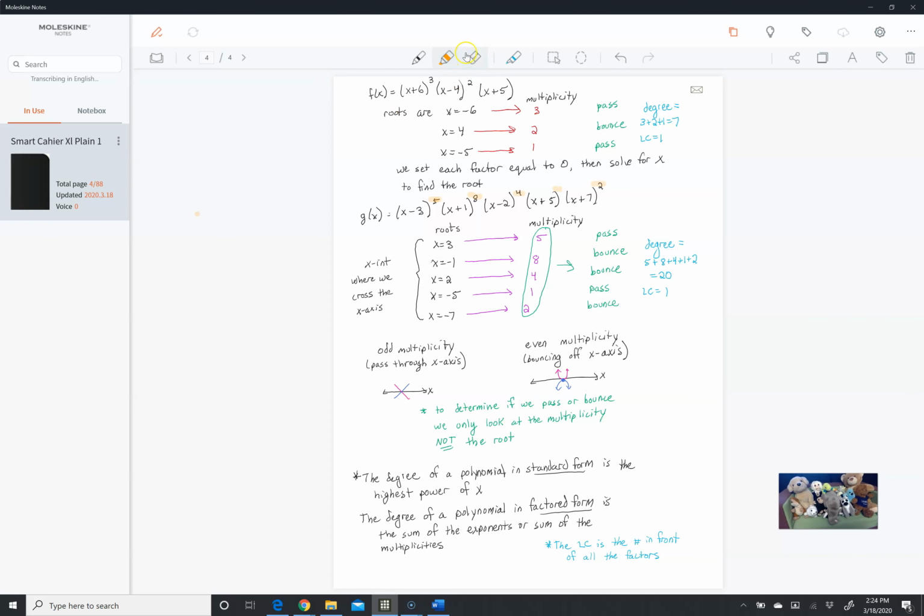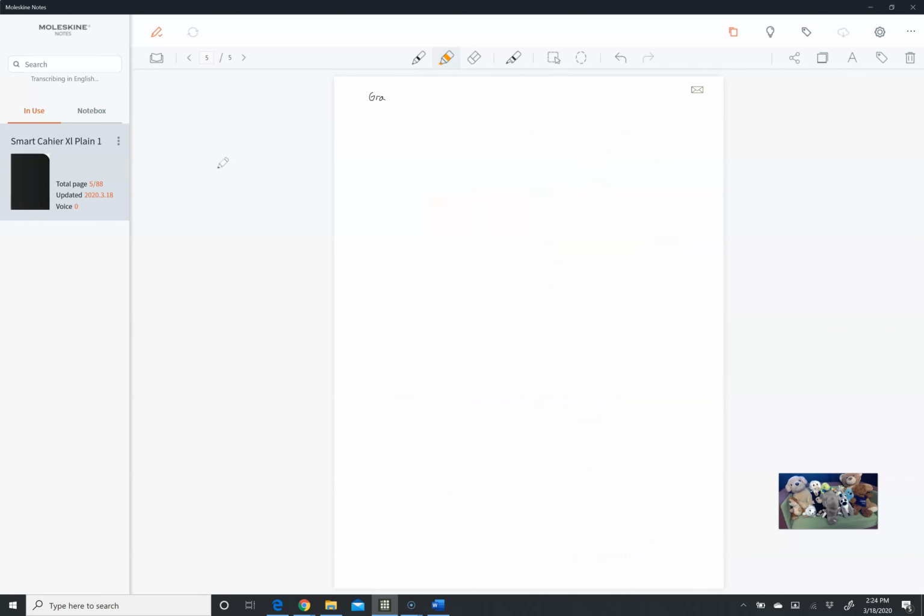Okay, so let's actually start graphing some polynomials. So we graph using multiplicities, roots.